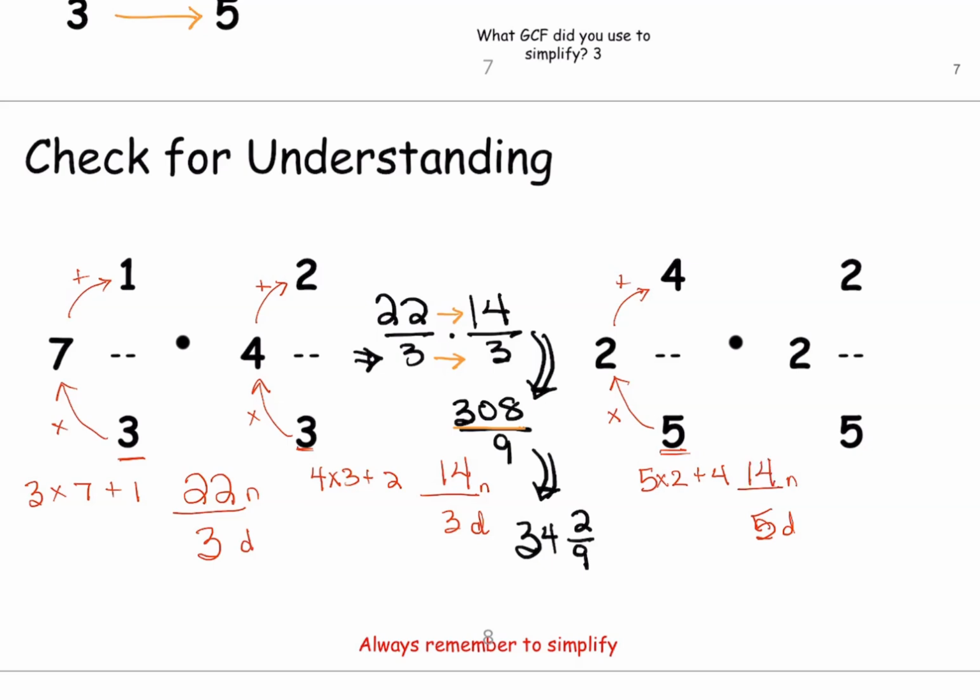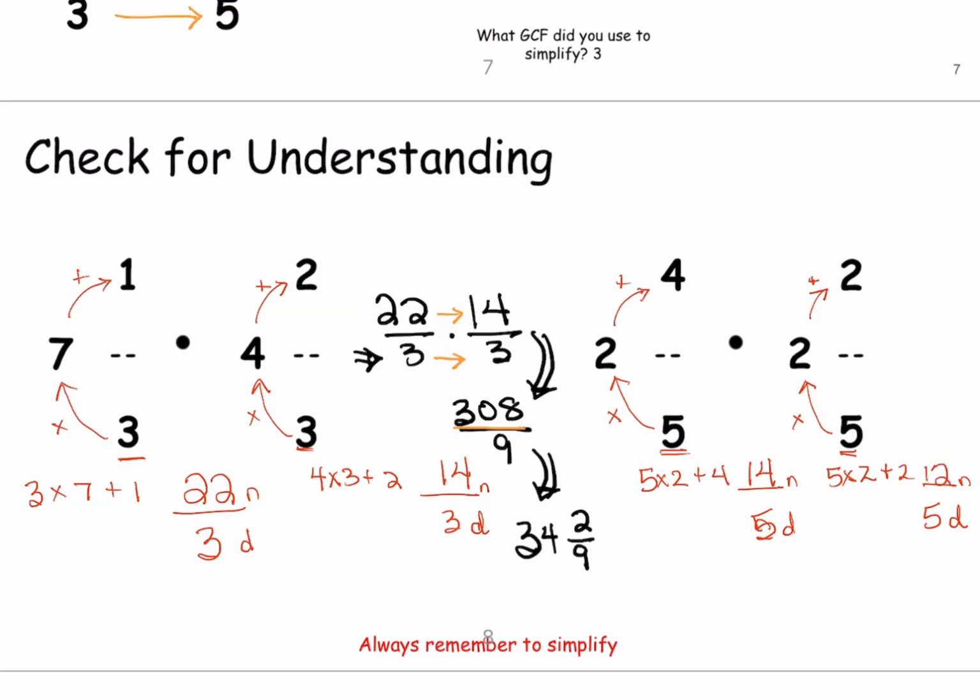Then we do that for our second problem. 5 times 2 plus 2. That answer goes into the numerator position. We keep that 5 in the denominator position. 5 times 2 is 10, plus 2 is 12.